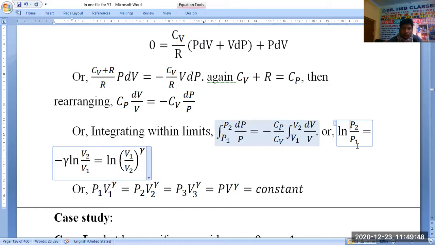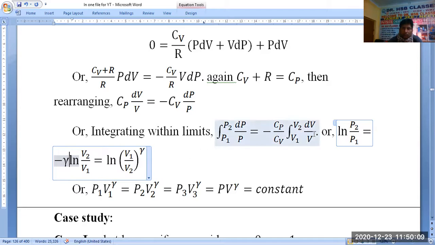If minus is replaced by plus, then it can be written as ln V1 by V2 whole to the power gamma.